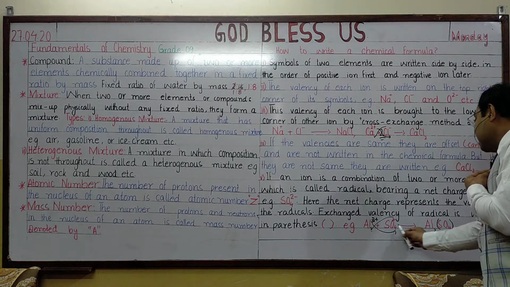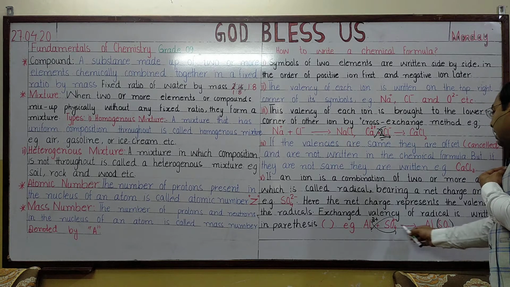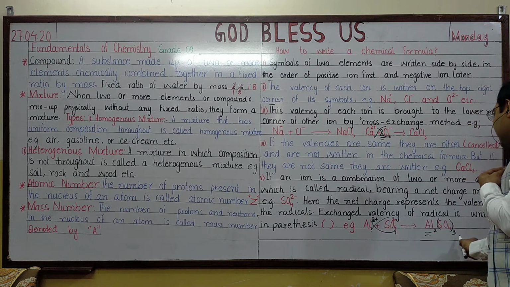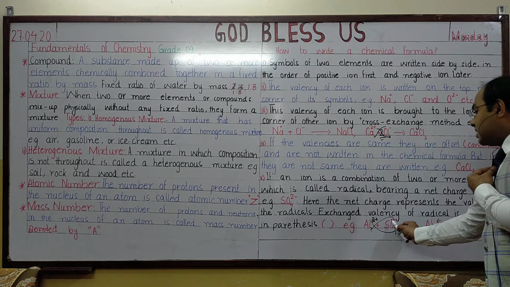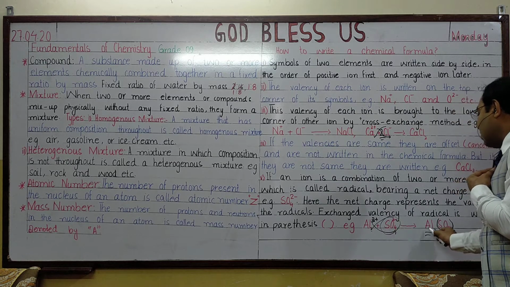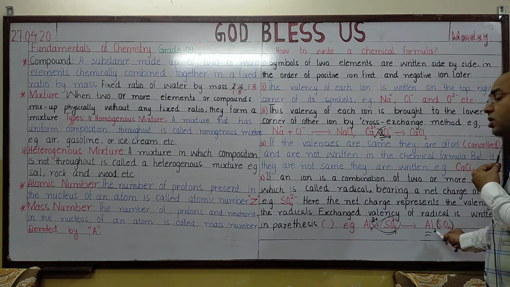So the valency of sulfate is shifted here, it has become Al2, and the valency of aluminium is shifted here, it has become Al2(SO4)3, and this is parenthesis. That means this is the valency of the whole radical that is being shifted from aluminium. It's not only the valency of sulfur or oxygen.